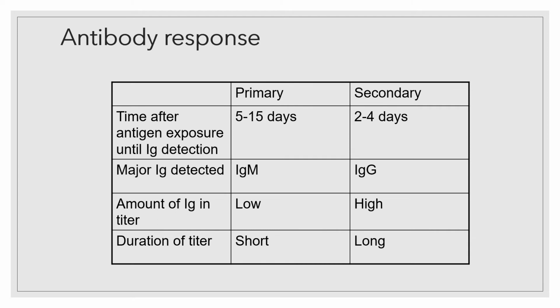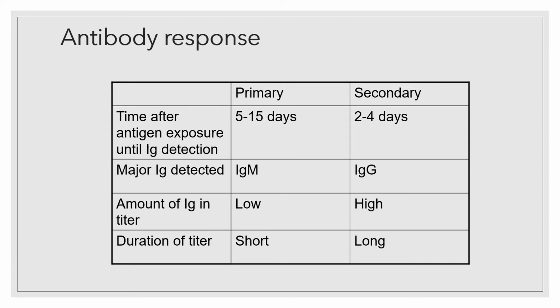In this table, what I've done is I've tried to compare a primary to a secondary antibody response. You can see that in a primary response, the time for antibody to rise after exposure to an antigen is about 5 to 15 days, whereas in a secondary response, it occurs much quicker at 2 to 4 days.